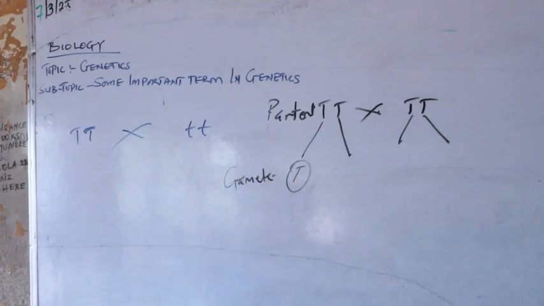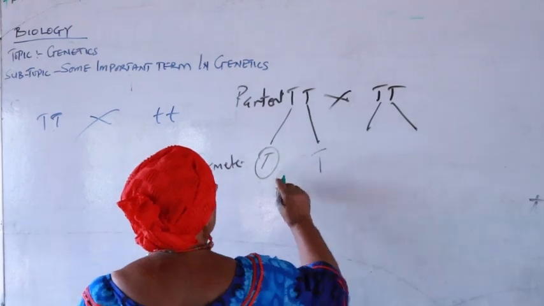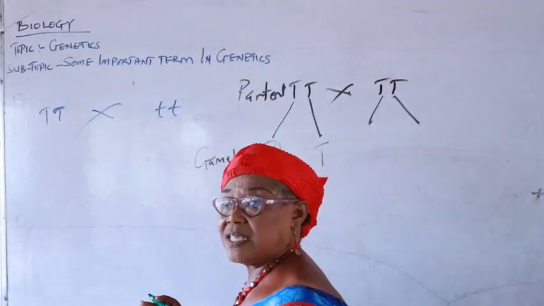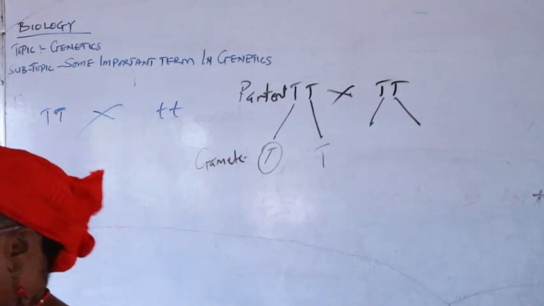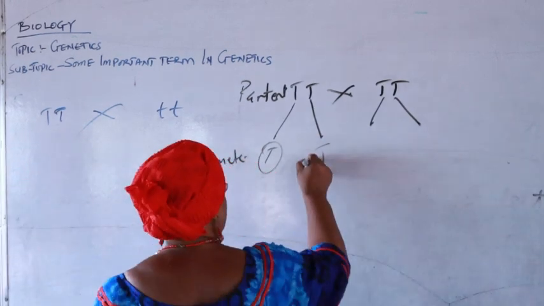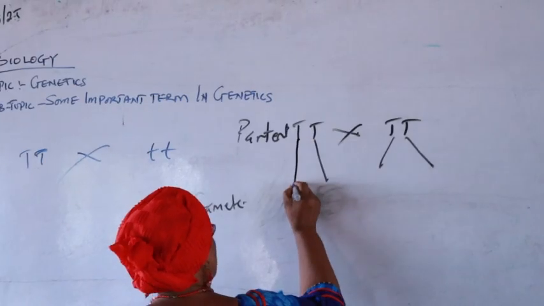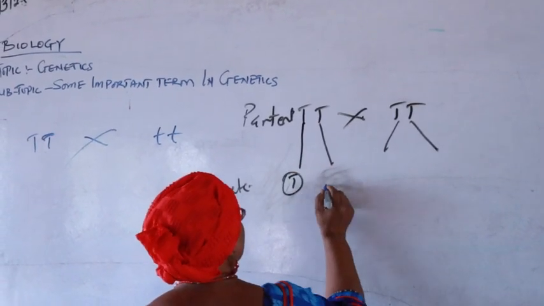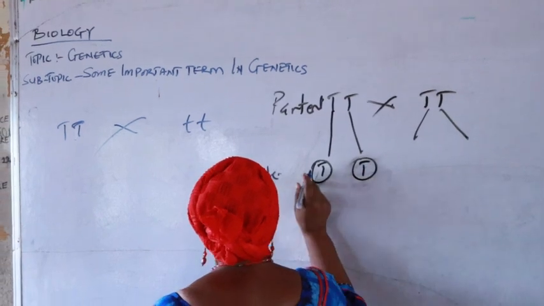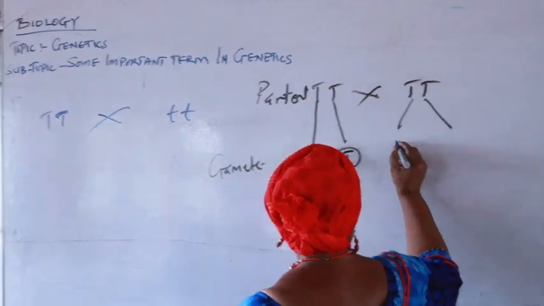Initially, they will tell you to separate them well, but most times students don't do that. So the best thing is to circle. You can still just bring it down like this. These are the gametes. Am I communicating?